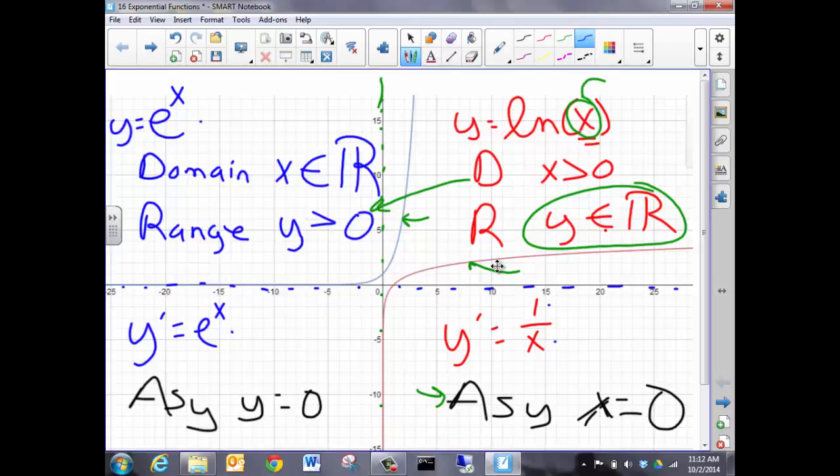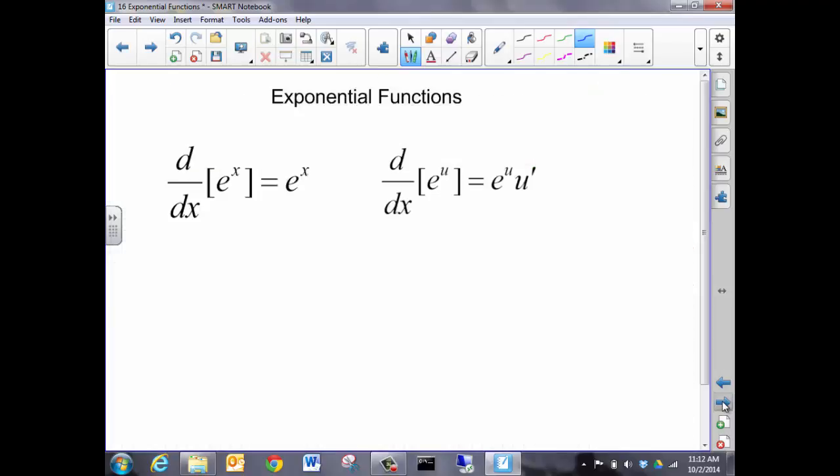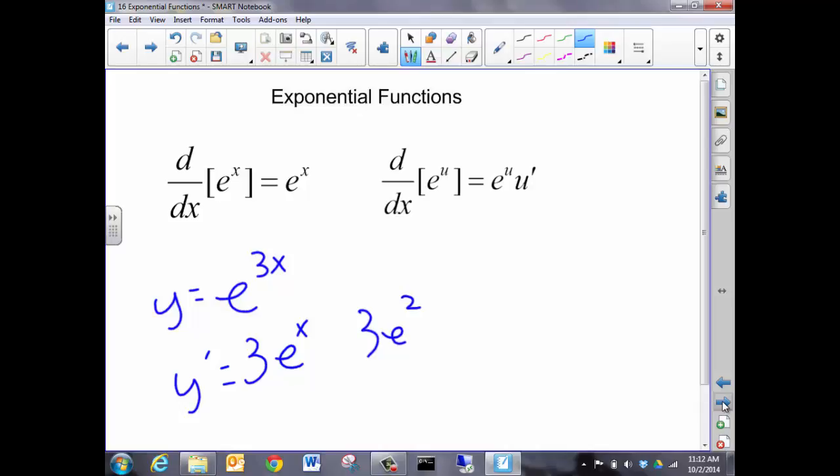Now, how do you think that should change things if we have something other than x up there? What if it's e to the 3x? What do you think the derivative of that should be, based on what we've been doing? 3e to the x. 3e to the 2x. 3e to the 3x.